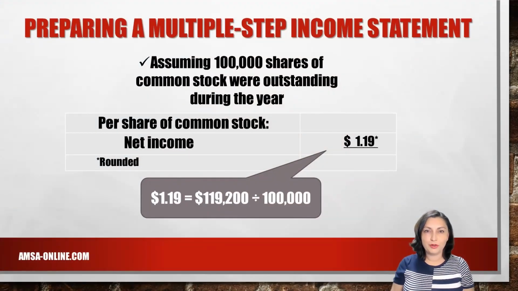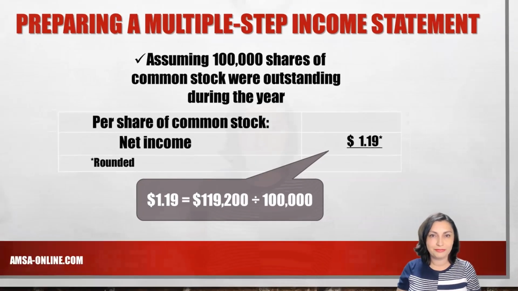Assuming 100,000 shares of common stock were outstanding during the year, the net income per share is $1.19, which is calculated as a net income of $119,200 divided by 100,000 common shares.